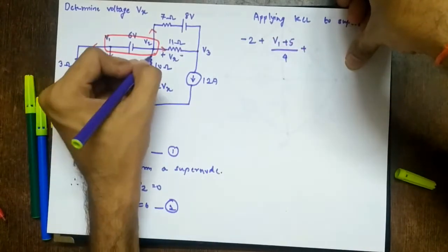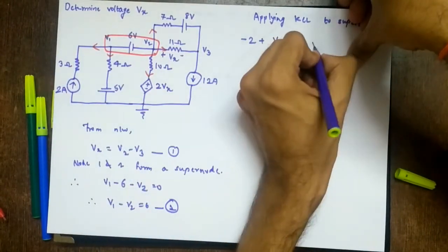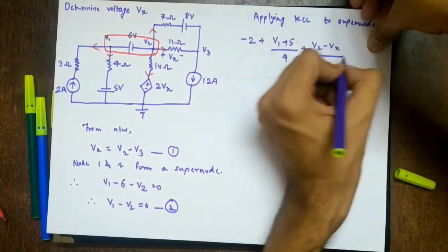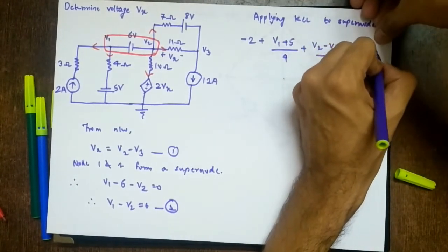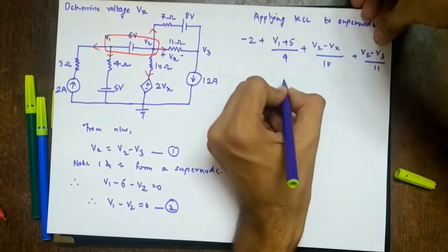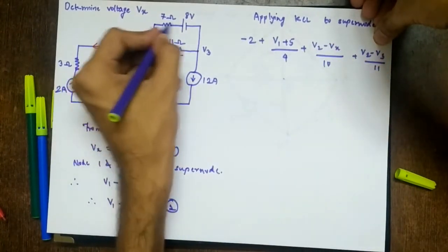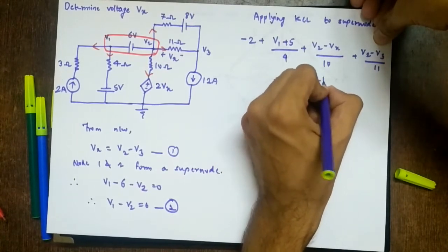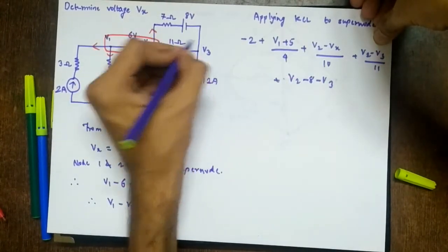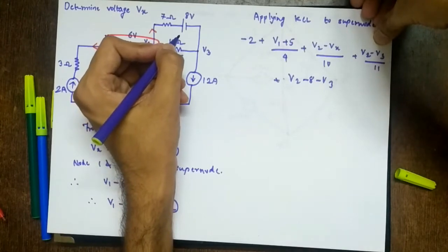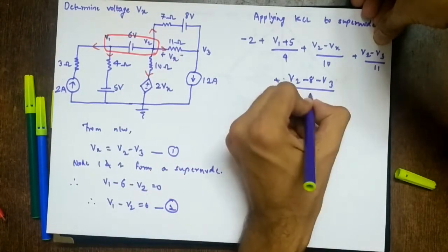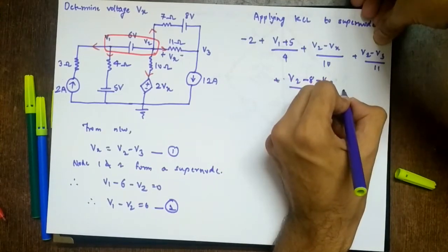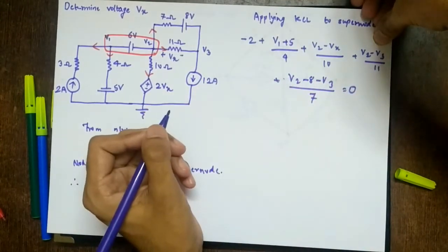So we are done with this part. Then this is V2 minus 2Vx upon 10 plus V2 minus V3 upon 11. Then this is also there, remember, plus V2 minus 8 minus V3 upon 7 equal to 0, right?